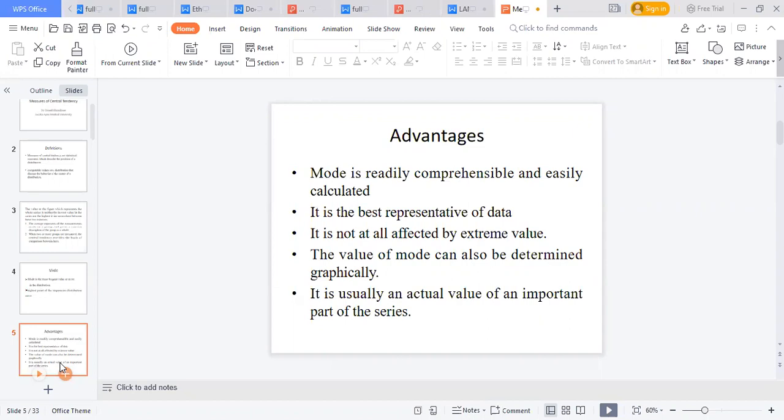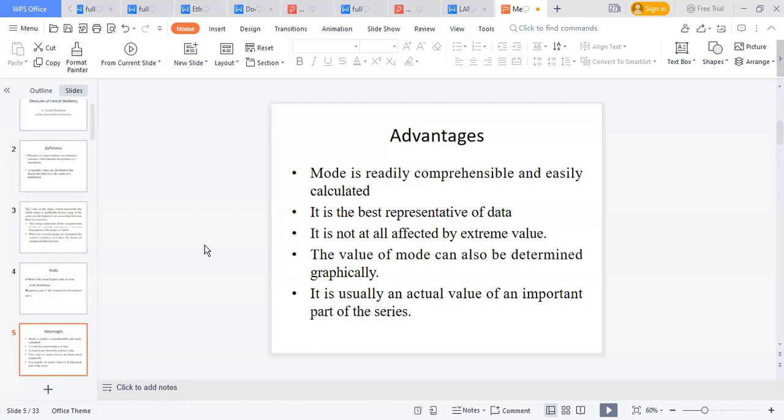For example, there are 5 kids, 3 of them are aged 2, 1 is aged 3, and then 1, probably with an intellectual disability, is aged 15. That 15 won't influence the distribution in terms of representativeness. So we can say that the mode is 2, and really we have got 3 kids who are 2 years old. Are we together? Let me know if I lose anybody at any time.